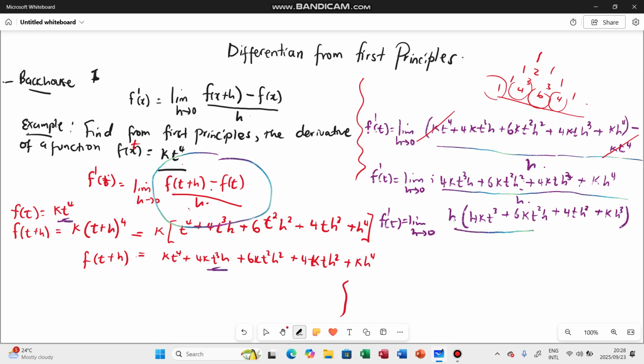All of this we're going to divide by h. You see that our h will be cancelling out. What am I remaining with? My f prime of t is equal to the limit as h tends to 0 of 4kt cubed plus 6kt squared. Where there is h, you put a 0, because it says here h tends to 0.